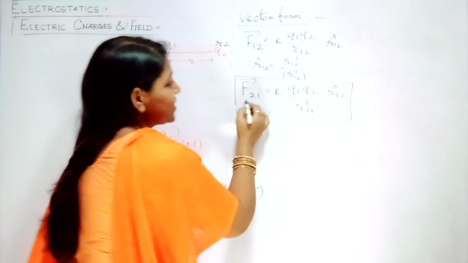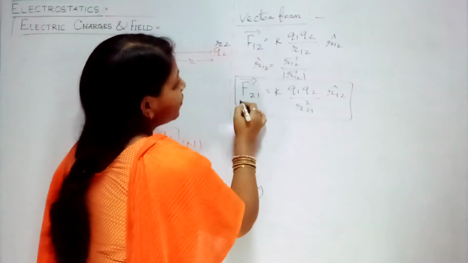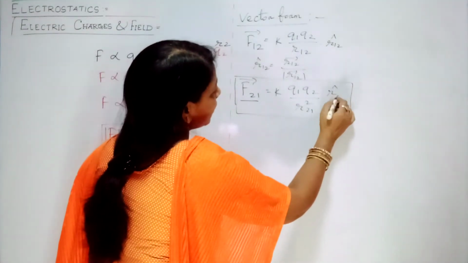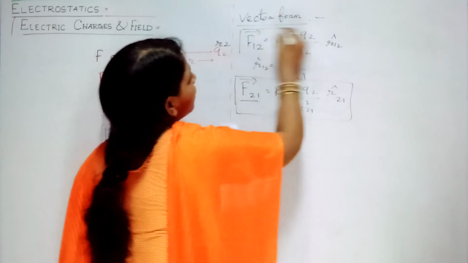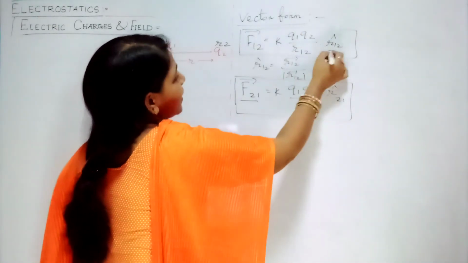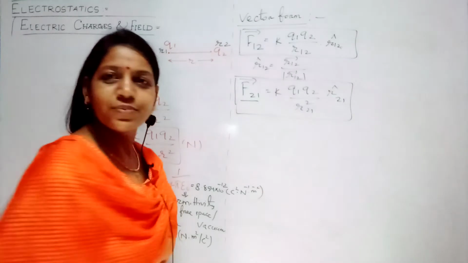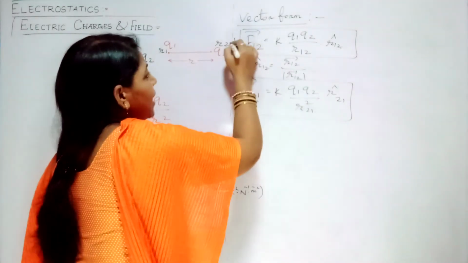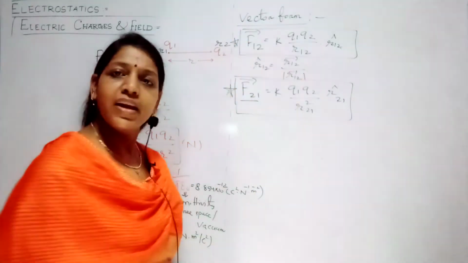In such a case, F21 you are writing, here also it will be the same F21. F12, the vector is F12, R12. Remember, I can show the proof in terms of numericals.